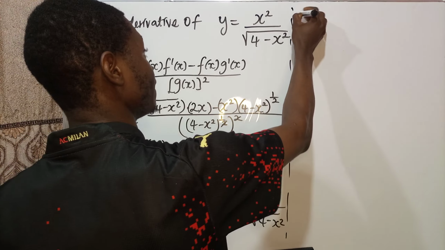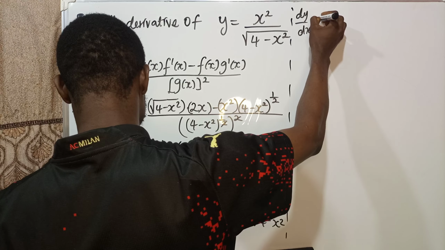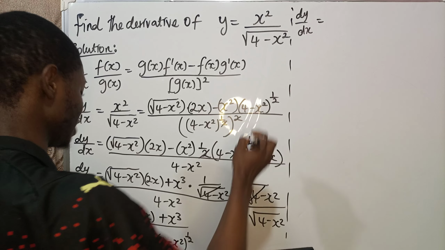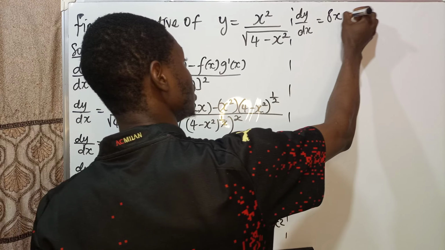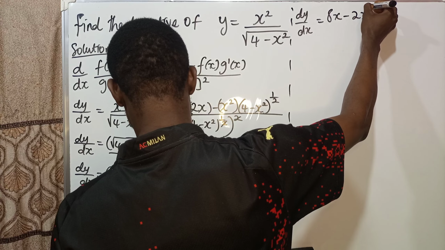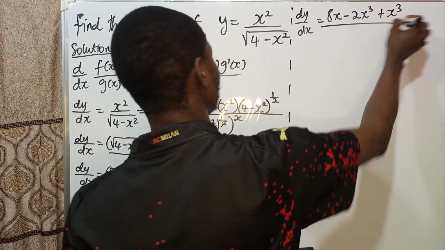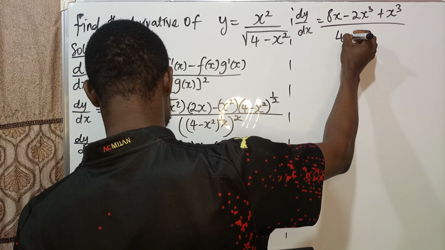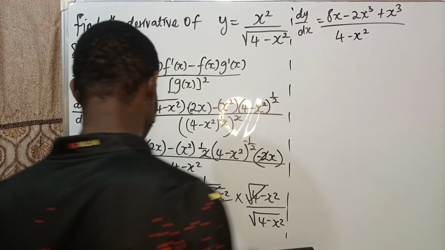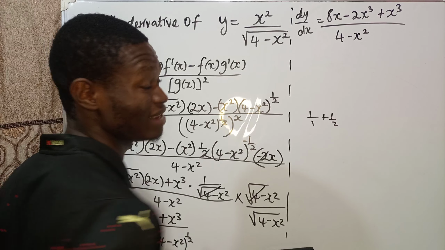dy over dx, we can just open this. 2x times 4 gives us 8x. 2x times this gives us minus 2x cubed, plus x cubed all over, because the bases are the same, you pick one, 4 minus x squared, and add their powers. The LCM of 1 over 1 plus 1 over 2 is 2, so the sum is 3 over 2.